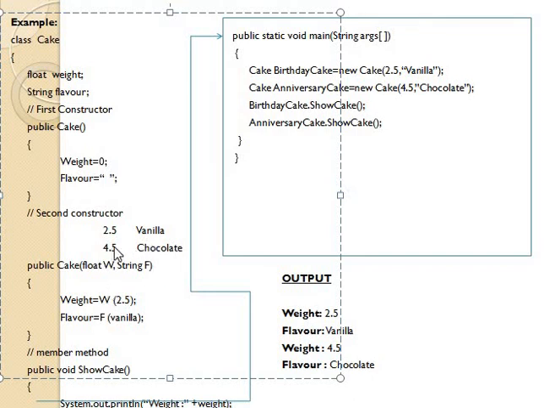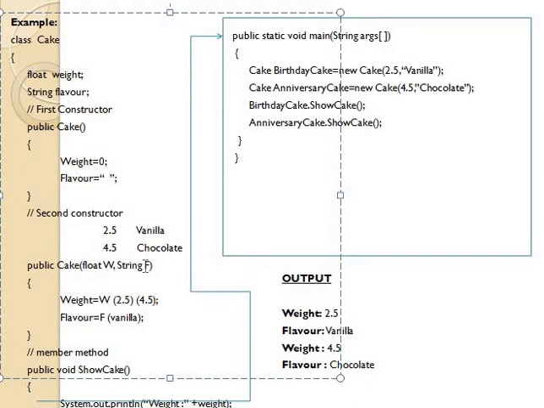So when 4.5 is the value of the first argument w, and when w gets assigned to the data member weight, then 4.5 will get copied to the data member weight.